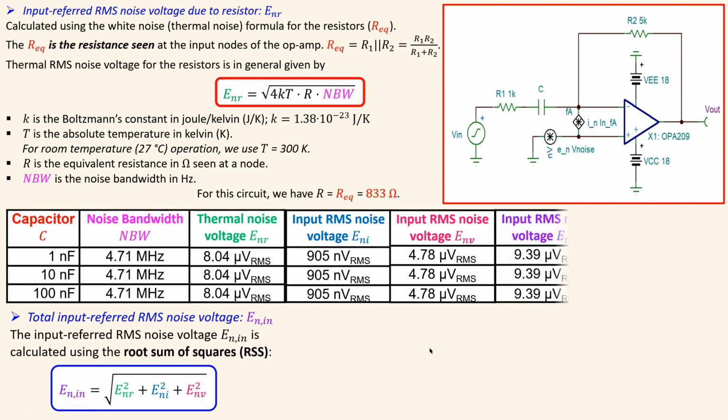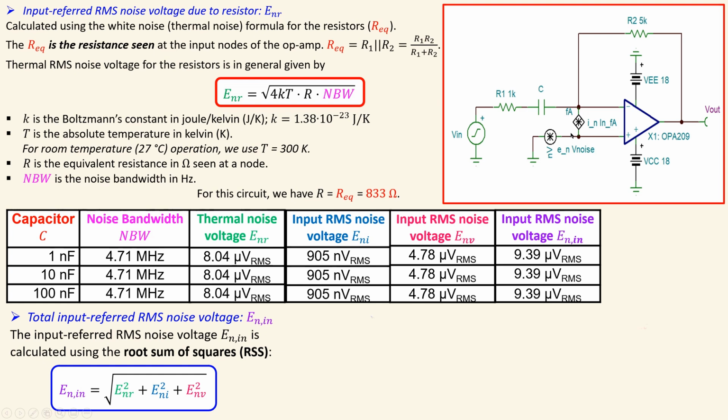Now combine these using this formula, the root sum of squares, and you will have these values. Again, it is all the same, approximately 9.4 microvolts RMS. In this case, this is the most dominant part, but this is also dominating, contributing significantly. This is not a really significant part in this example, which is the input RMS noise voltage due to this noise current source of the op-amp.